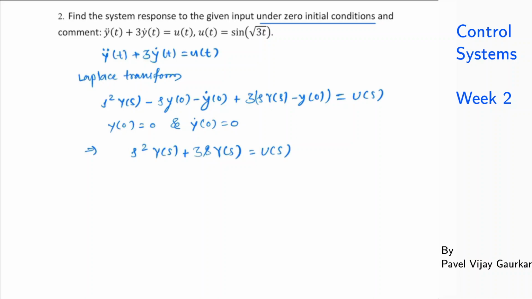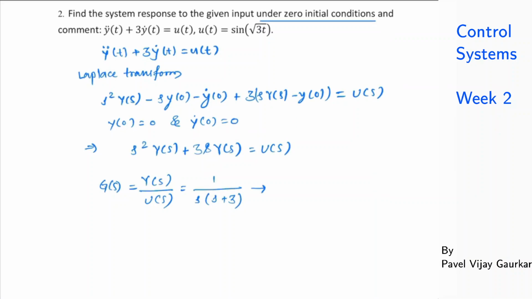So the transfer function is the ratio of Y of s by U of s, which we are calling G of s. This here becomes 1 over s in bracket s plus 3. So what is different about this system than the previous example? Here the poles are s is equal to 0 and s plus 3 is equal to 0.